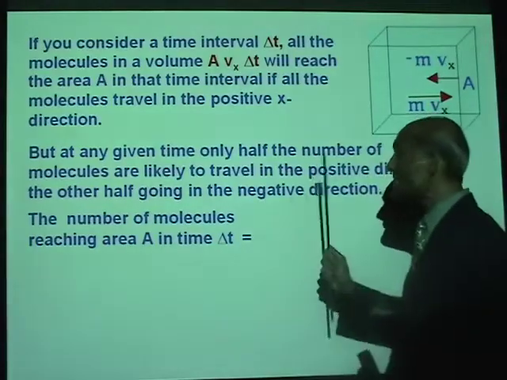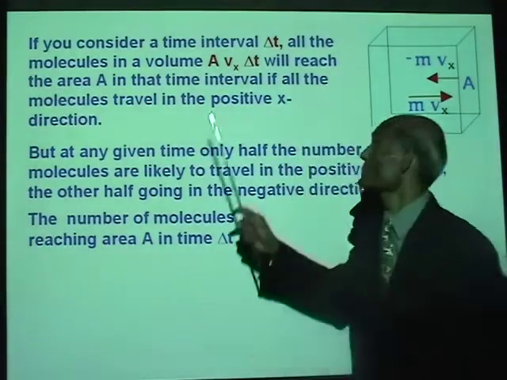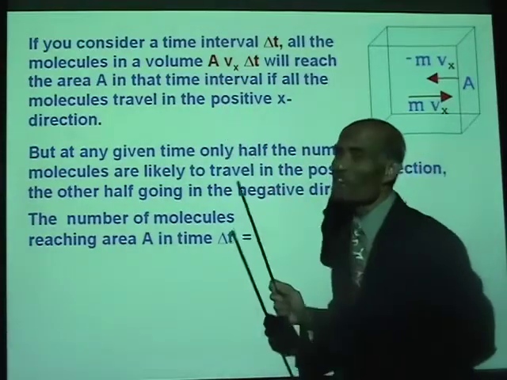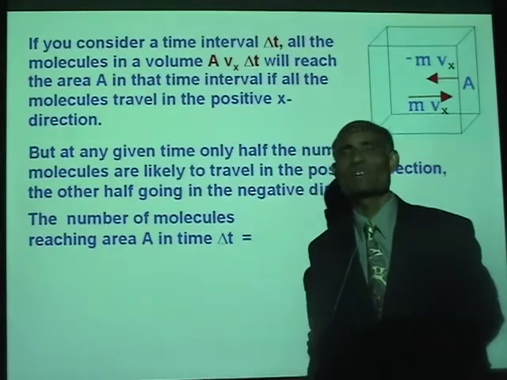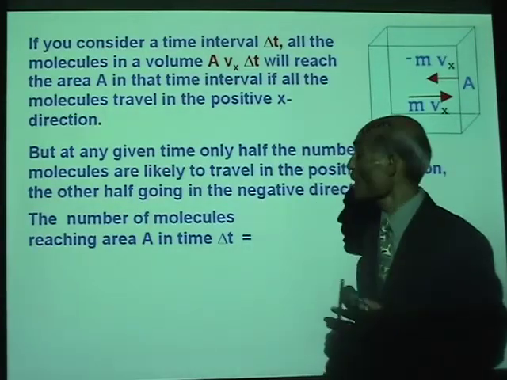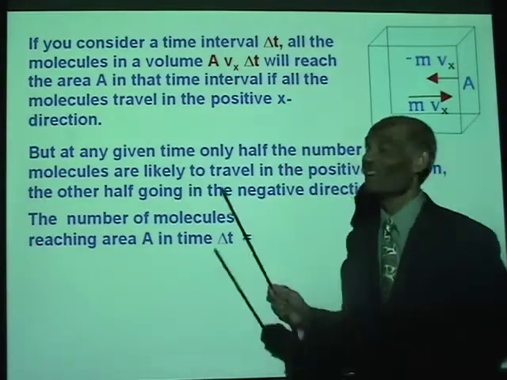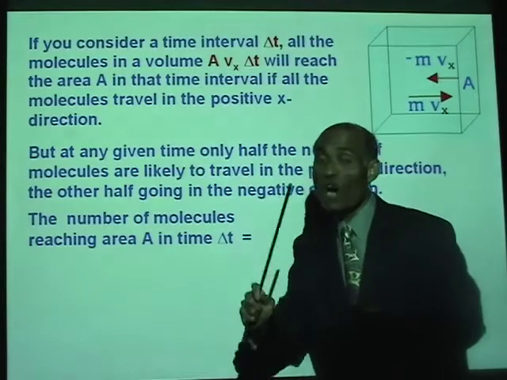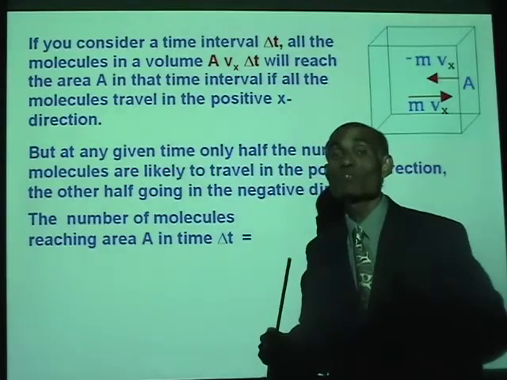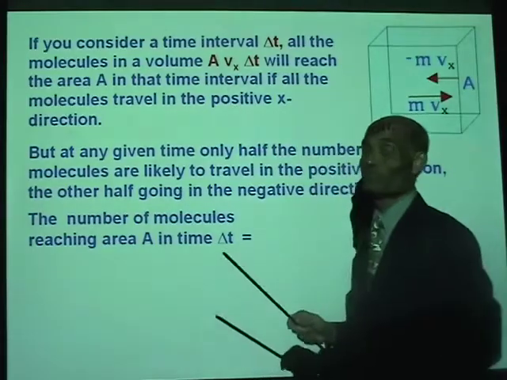Now, I'm going to write a step, but that's going to be including a lot of other steps. Tell me, what is the number of molecules per unit volume we obtain? The number of molecules per unit volume is N over V. Now, if you multiply this volume with N over V, that will give you the number of molecules in that volume.